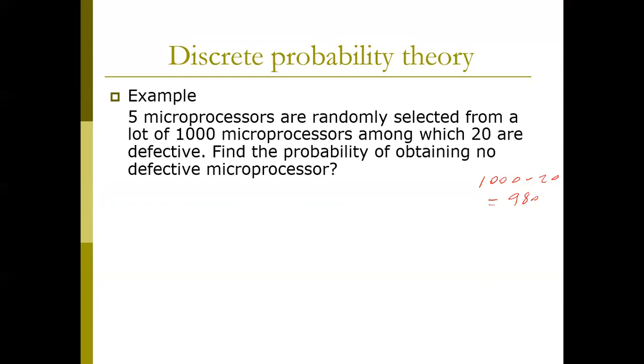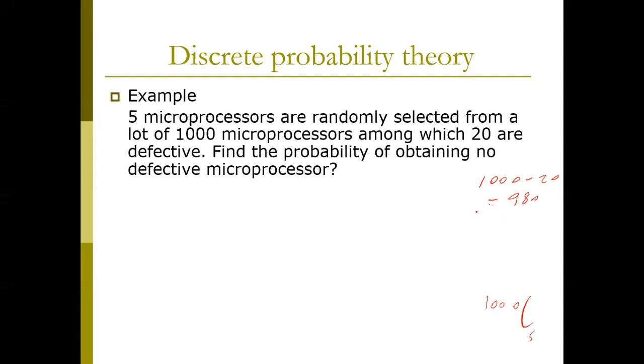Now our sample space is going to be all the possible microprocessors that we can select from the lot of 1,000. So our sample space is going to be 1,000 choose 5.